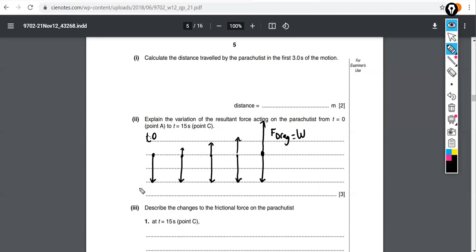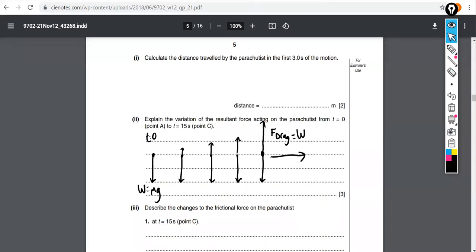And remember that weight equals mg. That's just bonus learning as we go along; it's good to remind ourselves of all the useful equations. So at this point, point B, from B all the way until 15 seconds, the resultant force is 0.